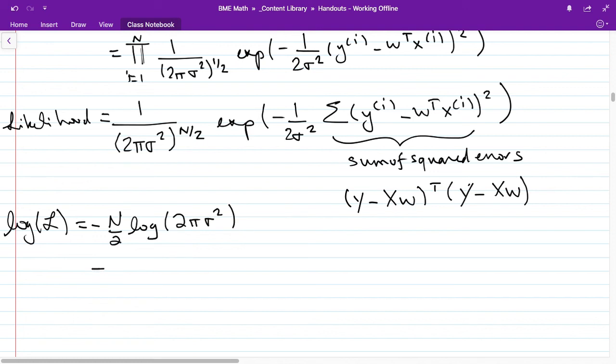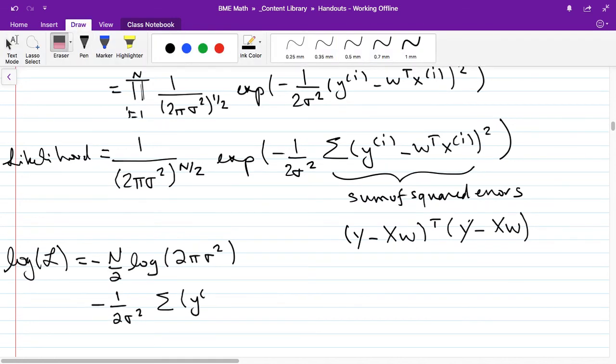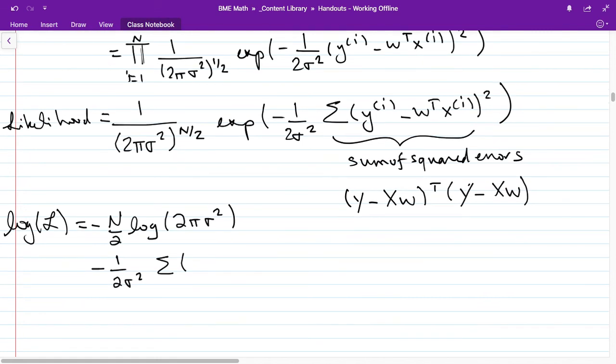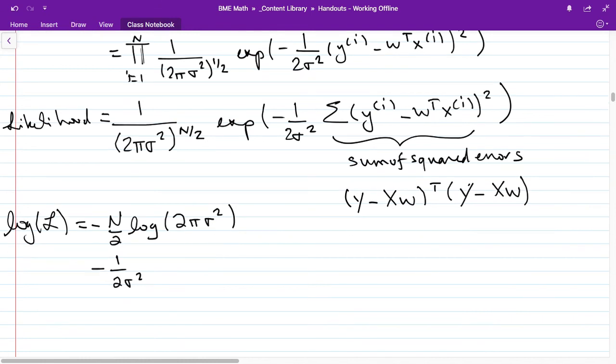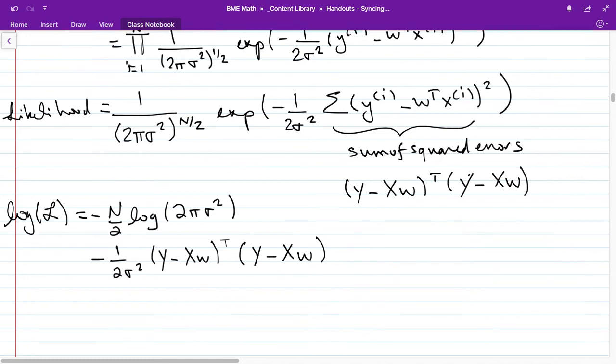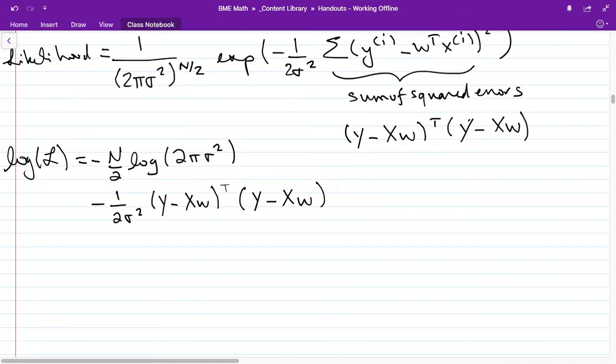In the second term, I get the log of this exponential, which is just the inside of the exponential, 1 over 2 sigma squared times the sum of, I'm going to write it in the matrix form. Okay, that's my log of the likelihood. So let me multiply it through.